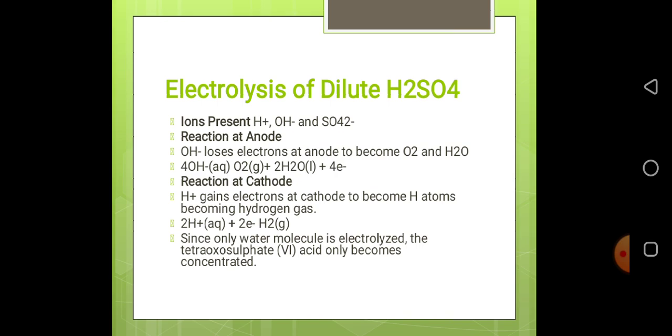So 2 hydrogen ions plus 2 electrons give hydrogen molecule. Since only water molecule is electrolyzed, the tetraoxosulfuric acid only becomes concentrated.